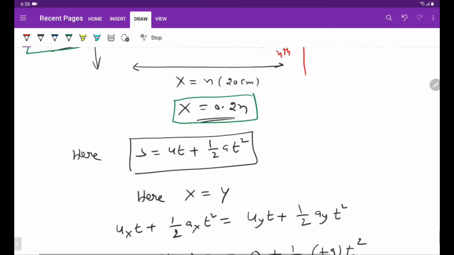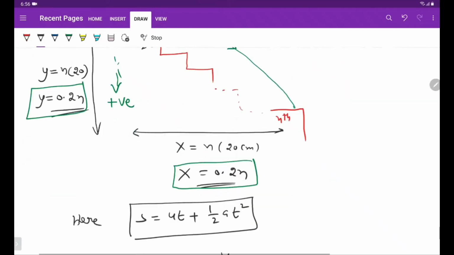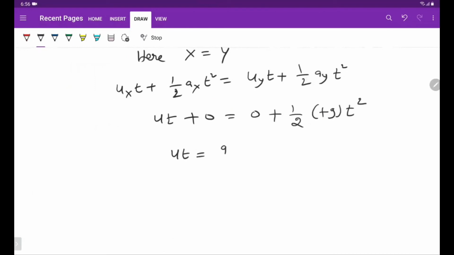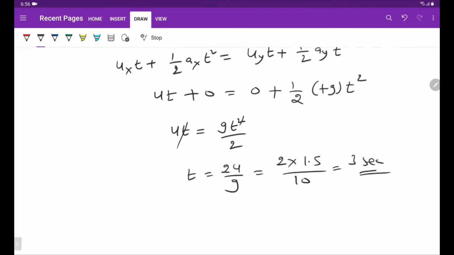That is the reason g is positive. Now solve this equation: we get ut is equal to gt square by 2, so t is equal to 2u by g. The u value is already given, 1.5, and taking g as 10, we get 0.3 seconds. So we got the time.